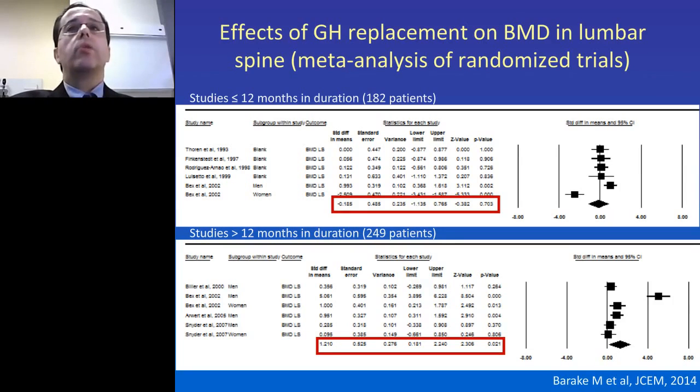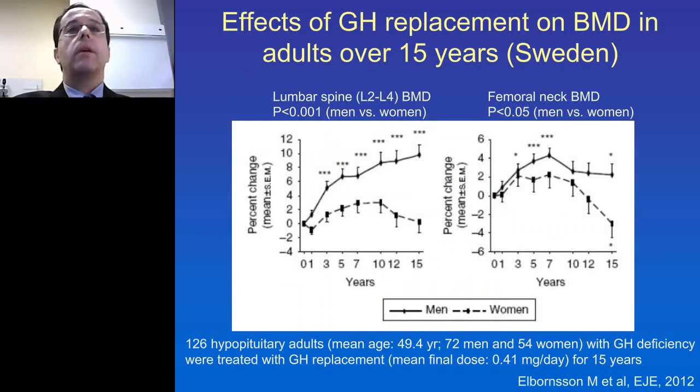What about long-term effects of growth hormone replacement? Here are data from Sweden, a study extending over 15 years. The left panel shows the effects of growth hormone replacement on the lumbar spine, men versus women. Men show an increasing bone density up to 10% after 15 years.